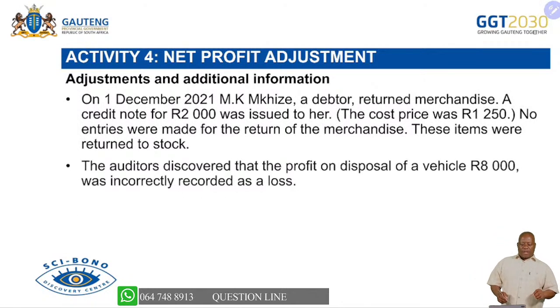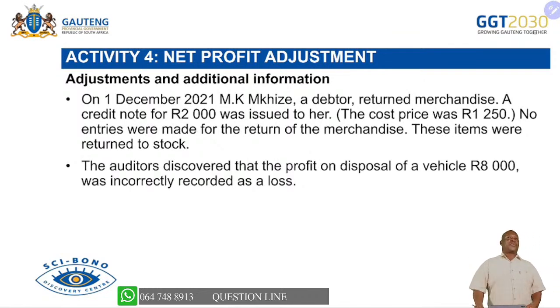Now, they are also saying here, auditors discovered that the profit on disposal of a vehicle for 8,000 was incorrectly recorded as a loss. What is the effect of profit on disposal on our net profit?